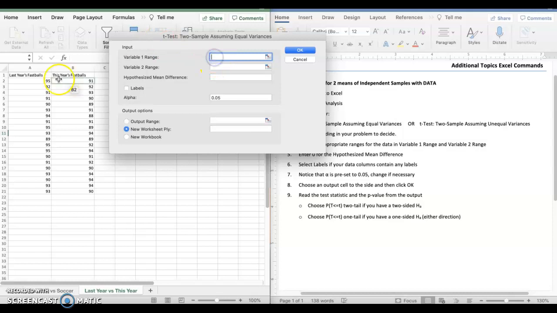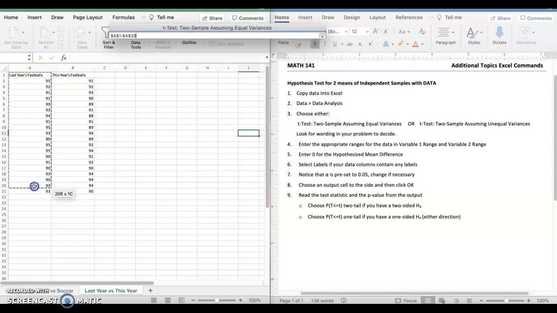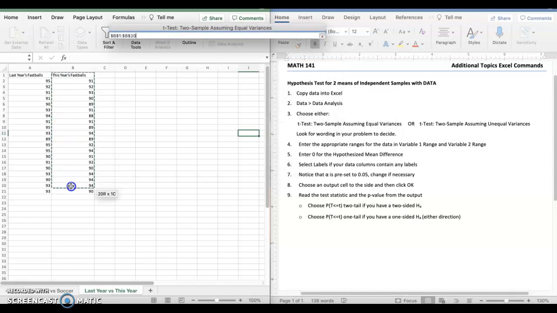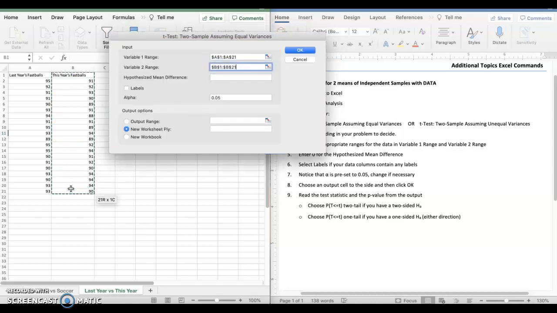We put in our first range, last year, versus this year's fastballs, and the question said the last 5 games. So this is what we want to use. I feel like the heading there might be a little bit mismatched, but at any rate, this is the second data set that we have.